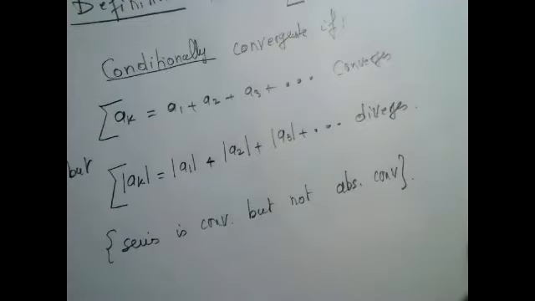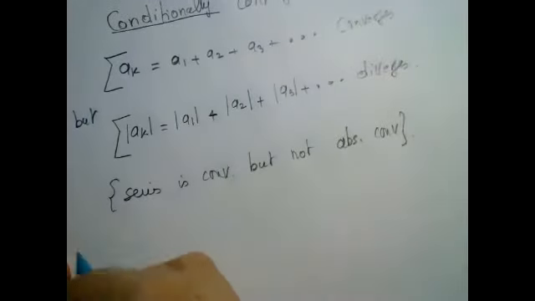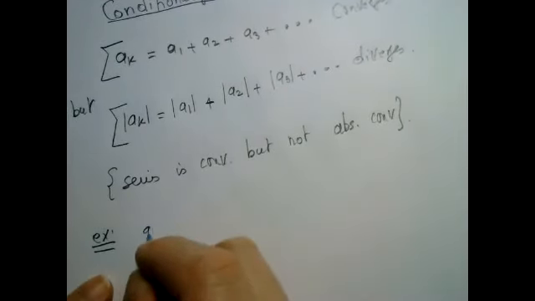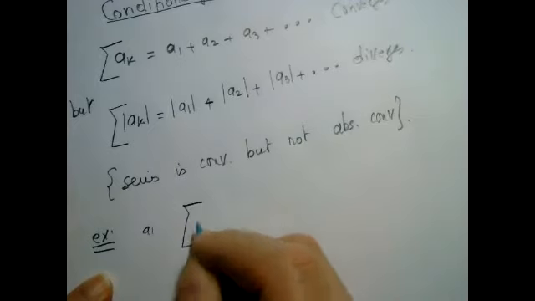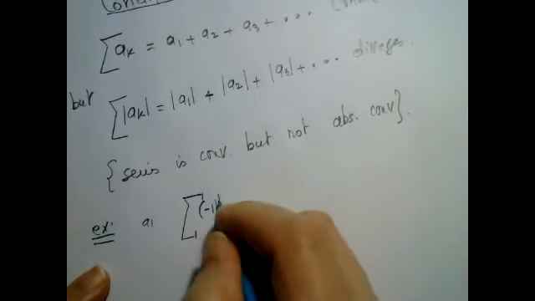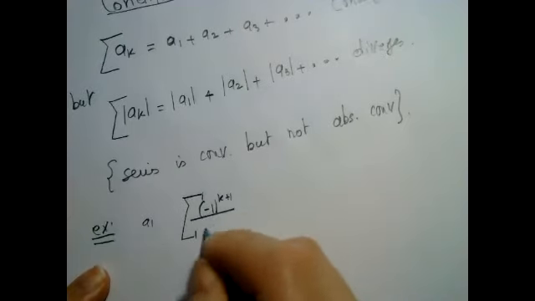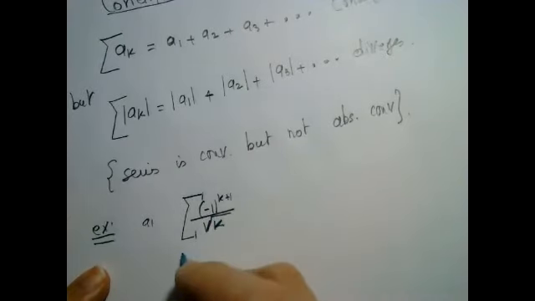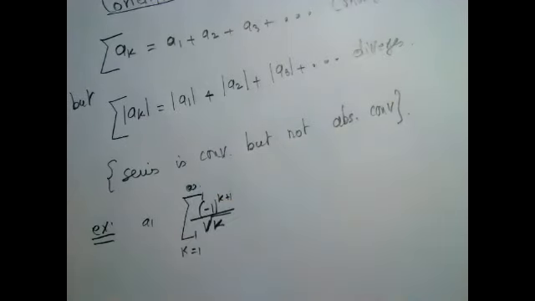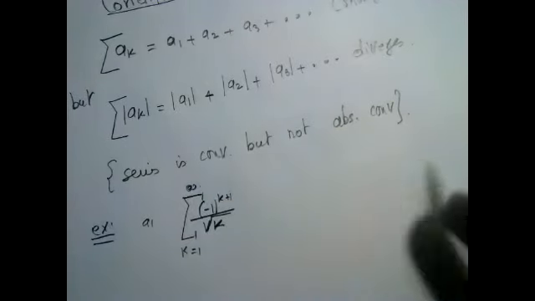For example, suppose I take sigma (-1)^(k+1) over the square root of k. What do you think about this series?